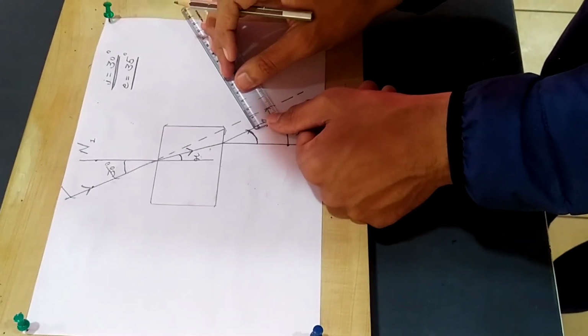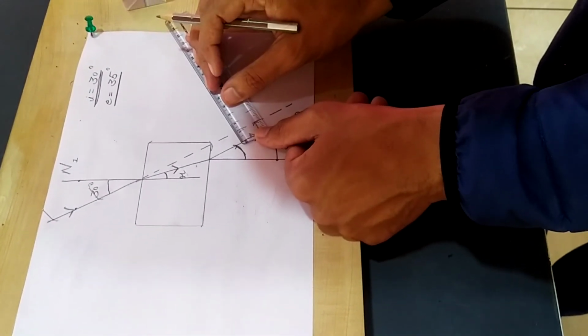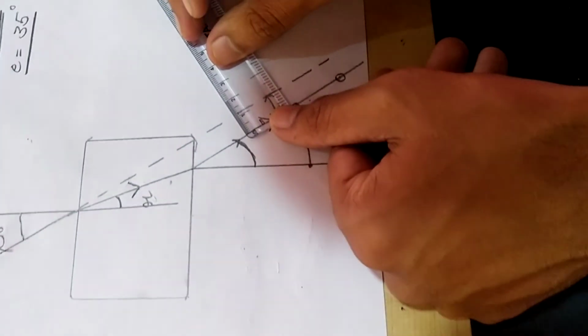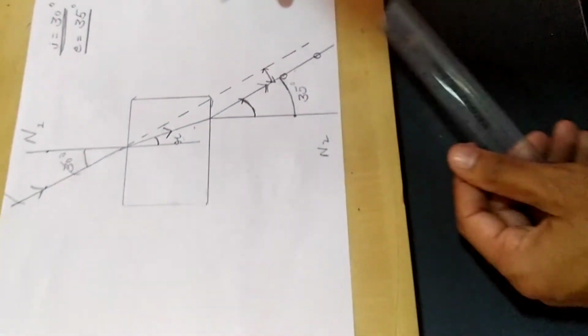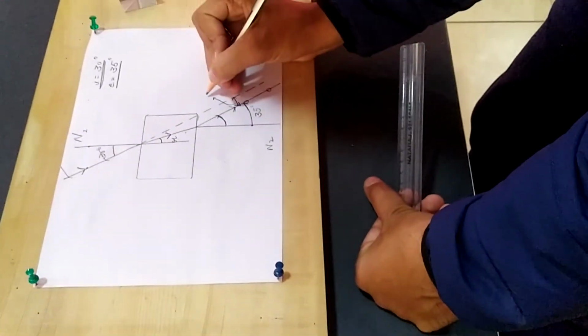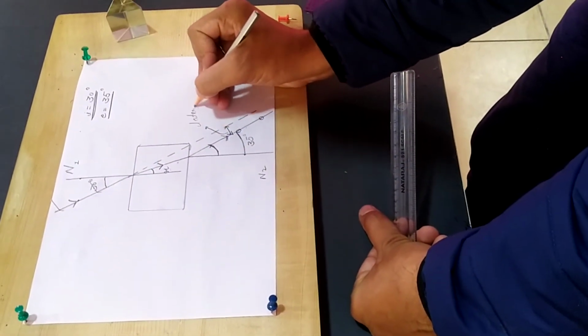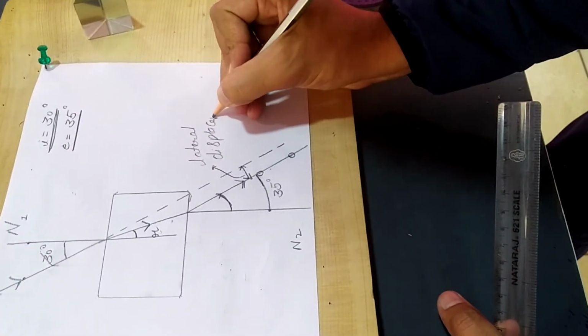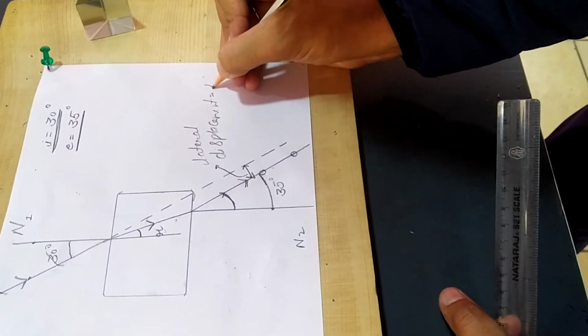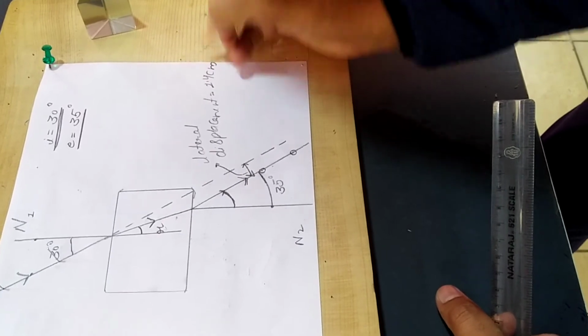So if I measure this, it is coming approximately 1.4. So this distance is what we call lateral displacement, and it is approximately 1.4 centimeter.